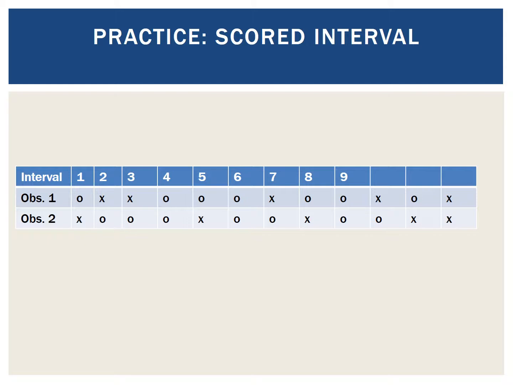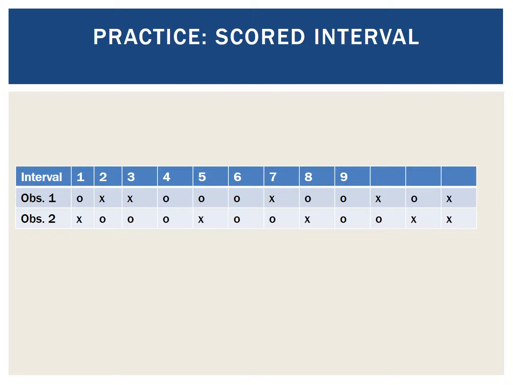So during at least 9 of these pairs, one of the observers recorded something. So what you do is those intervals like interval 4, interval 6, and interval 9, where no one recorded an occurrence, you simply disregard those. You can mark them out. They're not involved in the calculation at all. You're only using your calculation on the intervals where at least one person recorded something as occurring.